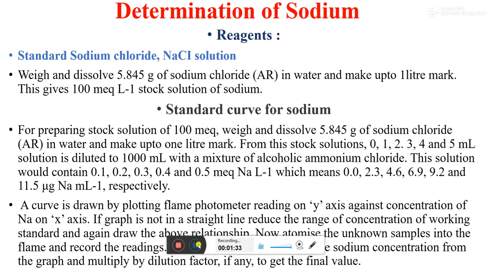For preparing the stock solution of 100 milliequivalent, as we saw above, weigh and dissolve 5.845 gram of sodium chloride in water and make up to the 1 liter mark. From this stock solution, we take 0, 1, 2, 3, 4 and 5 ml, and dilute it to 1000 ml with a mixture of alcoholic ammonium chloride.